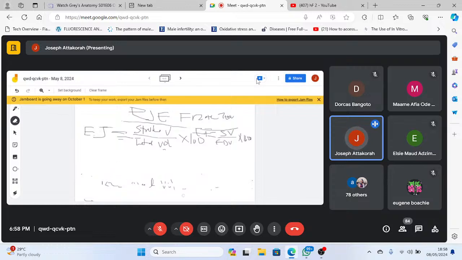If you are confused, tell me. Can I say this? The stroke volume is equal to end diastolic volume minus end systolic volume.